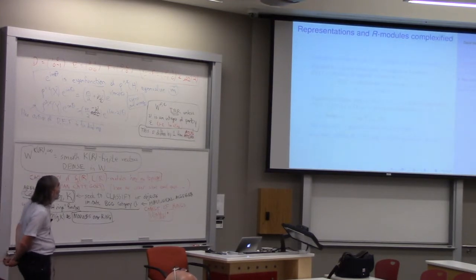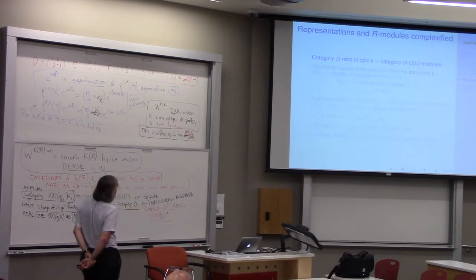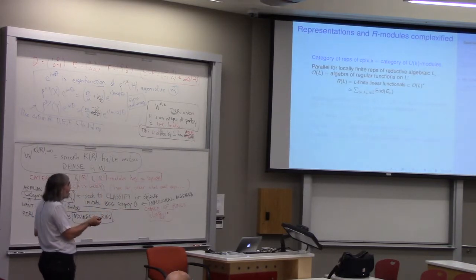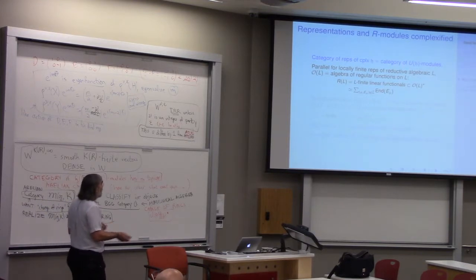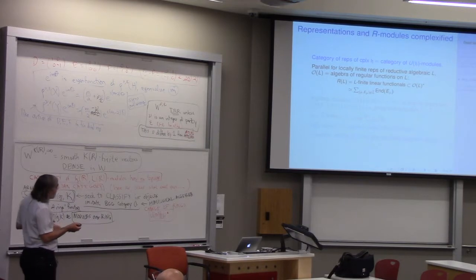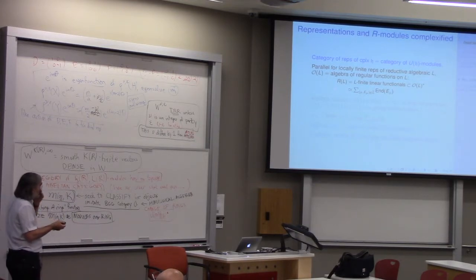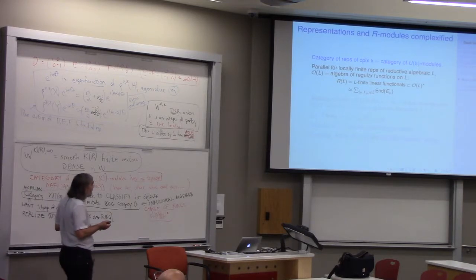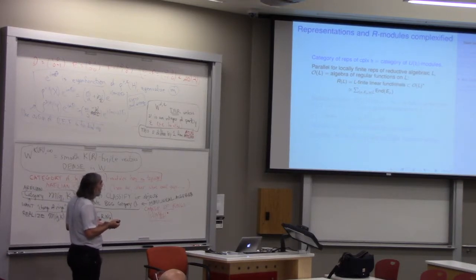Okay, so now I can complexify all this stuff. And of course, the representations of the complex Lie algebra are just modules for the complex enveloping algebra. In the same way, given a reductive algebraic group L, if I write O of L for the algebra of regular functions, then I can define R of L to be the L finite linear functionals.